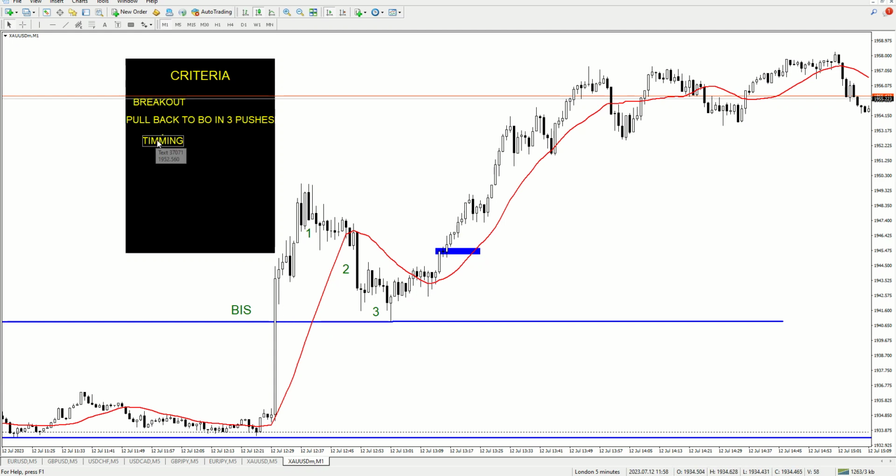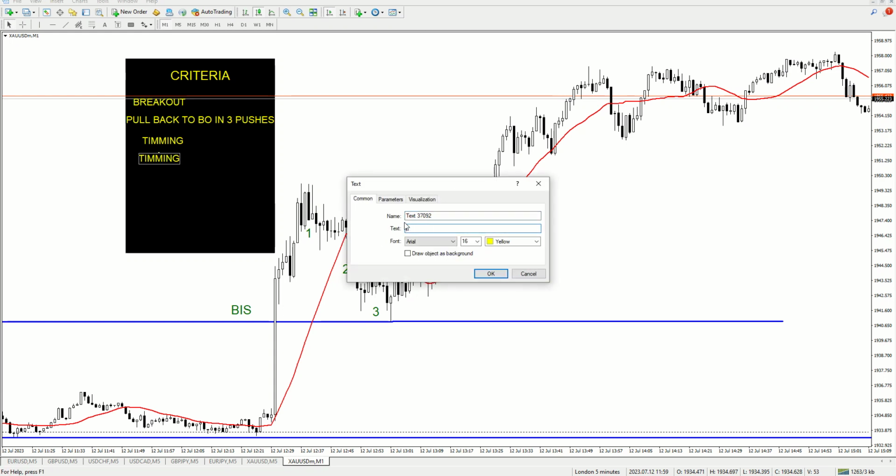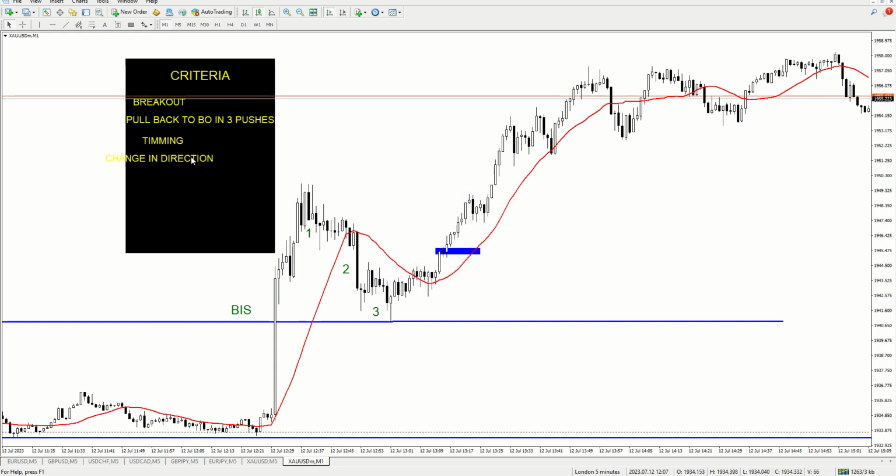So I'm gonna say change in direction. I want to see them changing directions. What do I mean? Market structure. When it's going down, it's making lower lows and lower highs. This is a high, this is a low.